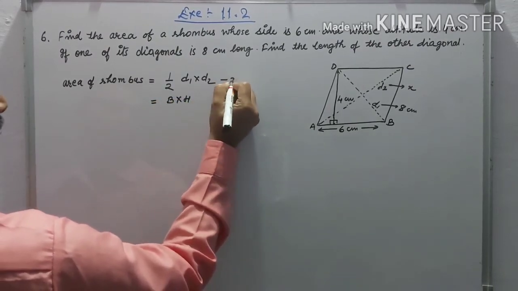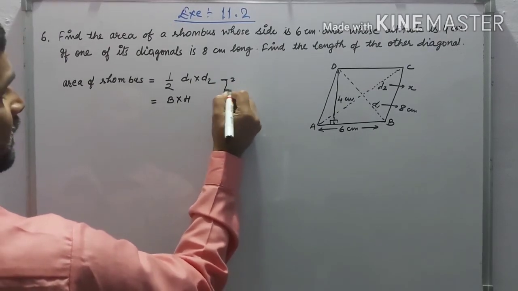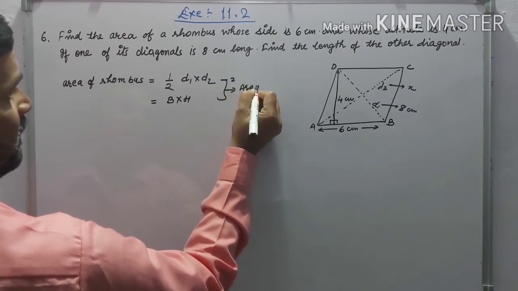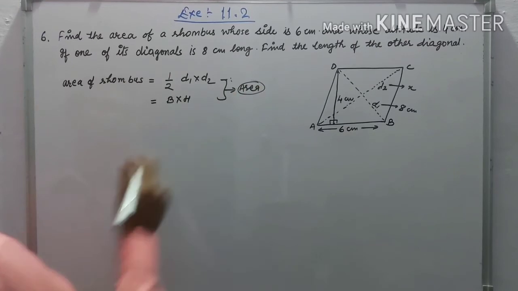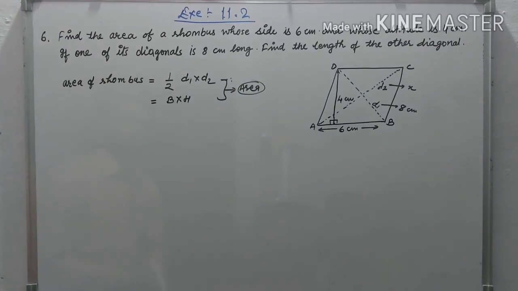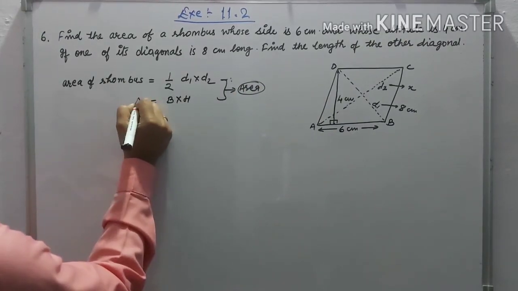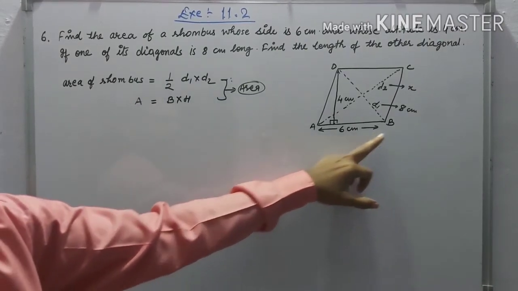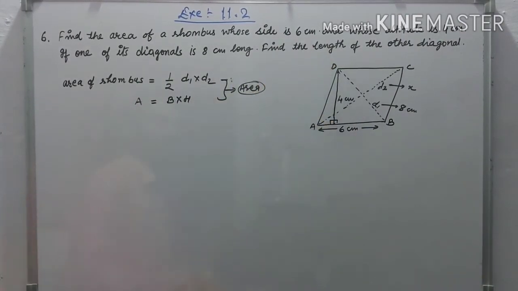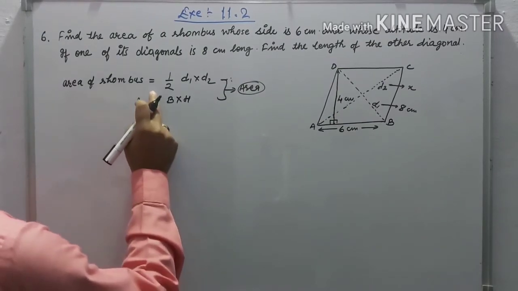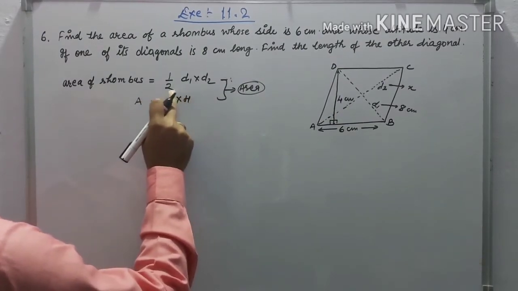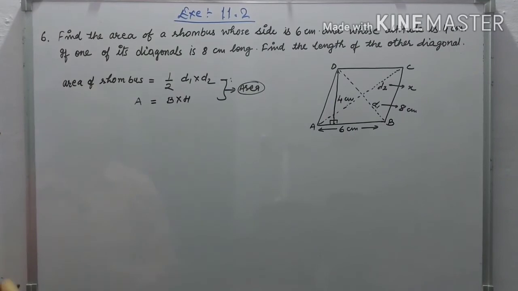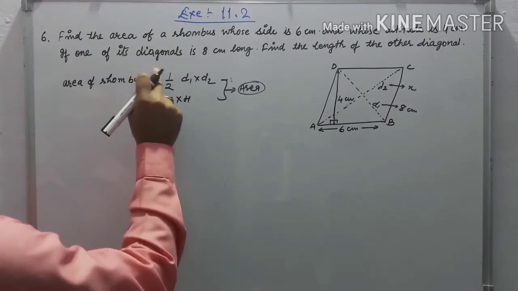These are the two formulas to find the area of a rhombus. Okay, but here base is given and height is given. So first you find the area with the second formula and next compare it with the first.